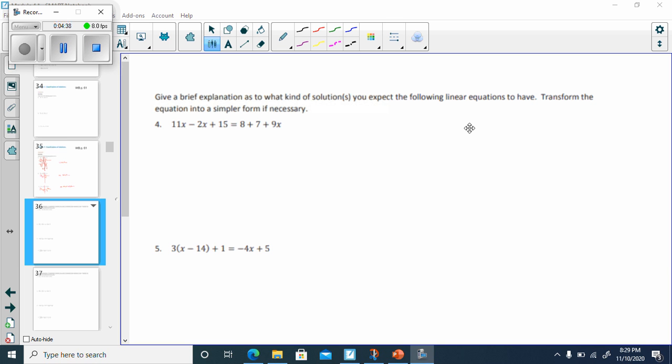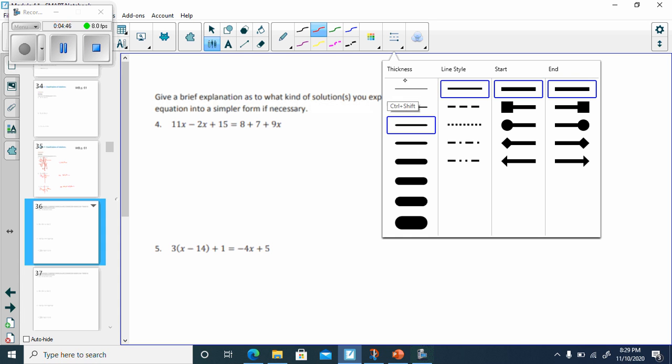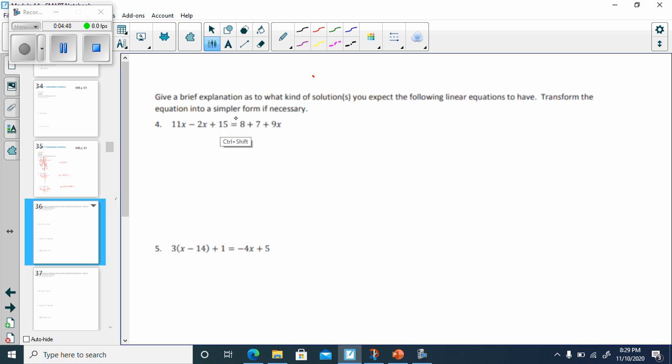Now, let's try this one, number 4. Let's solve the equation so we can see what's on each side. I've got 11x minus 2x that I can collect like terms. That's 9x plus 15 is equal to 8 plus 7, which is 15, plus 9x.